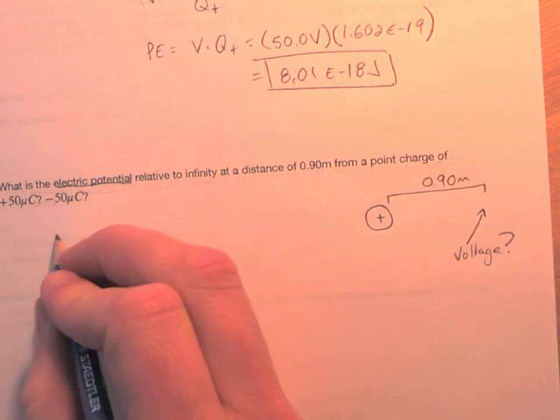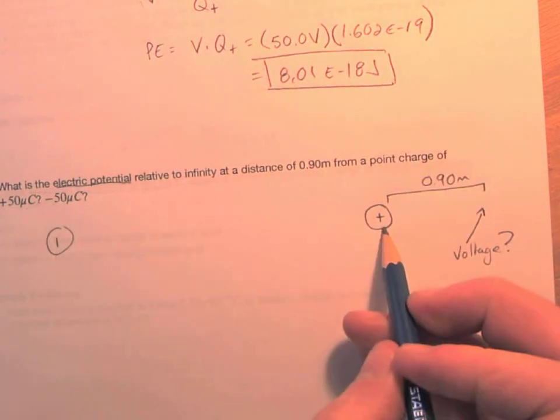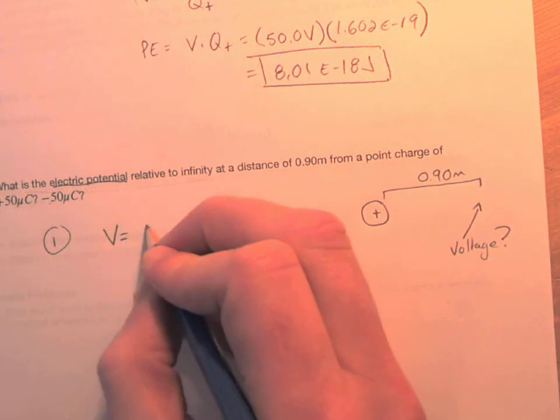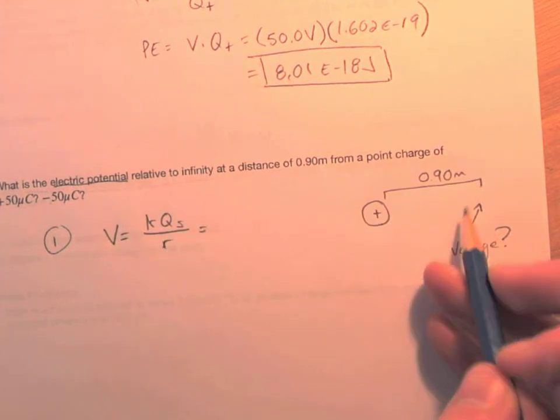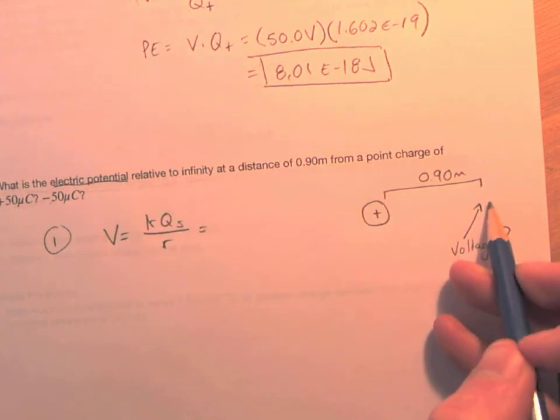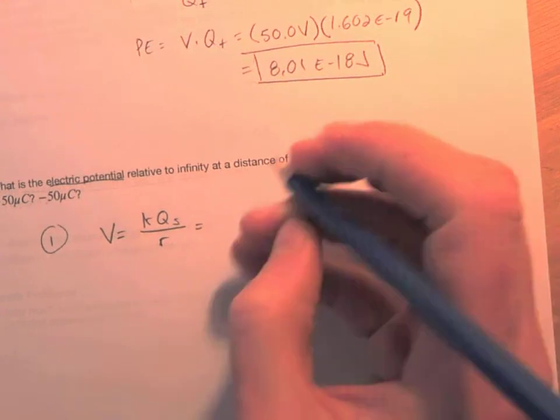Okay, so let's do number 1. What happens if that's positive 50 microcoulombs? We know that the other equation that we can use is KQS over R, because we don't have the charge of whatever's over here, but we don't need it. We just need the source charge divided by the distance of them.